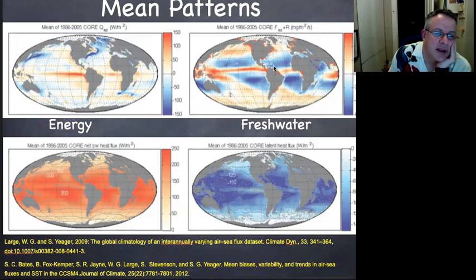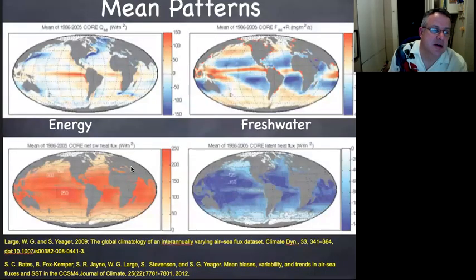And for those of you who've taken atmospheric dynamics or who are into weather, you might recognize some of these patterns, that the freshwater fluxes are large in the intertropical convergence zone, large in the upwelling regions, very, very low in the subsidence regions, these dry desertification regions, and then somewhat larger again as you get to the northern mid-latitudes and southern mid-latitudes.